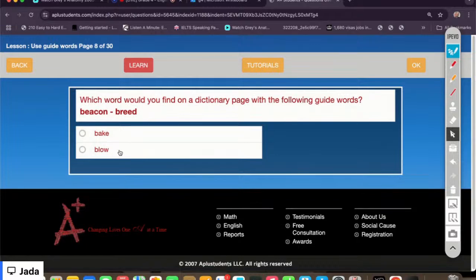So we can find blow in between bacon and bread because bake is BA, alright? So A is already in front and we are starting from E up to R in bread. So you can find blow because when you say your alphabet like E, F, G, H, I, J, K, L, M, N, O, P, Q, then R. Okay? So we can find blow.